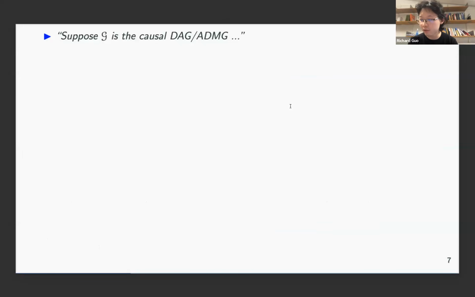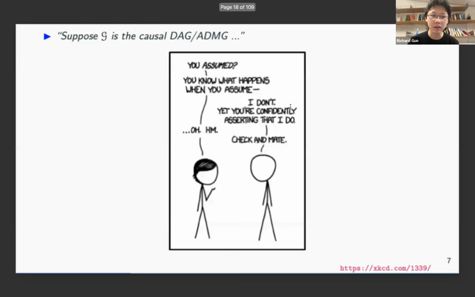I guess just to provide a bit of motivation about this work, I think this grew out of a conversation with my co-author Qing Yuan. In the graphical model perspective, frequently in a paper we say, suppose we have an underlying DAG or ADMG model G, and then we derive a bunch of results and make statements, and sometimes the statements involve properties of this G. So it brings up the question, where does the G come from?